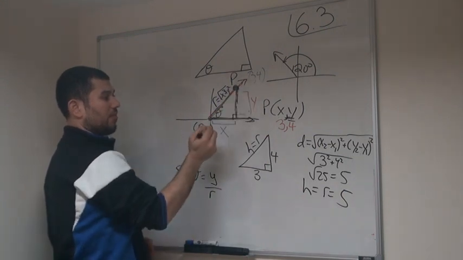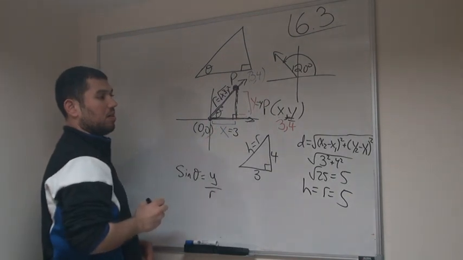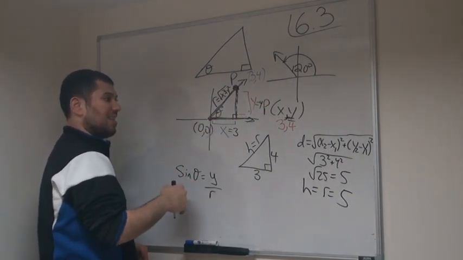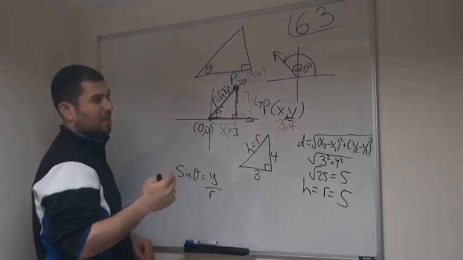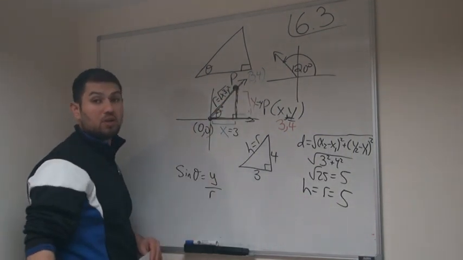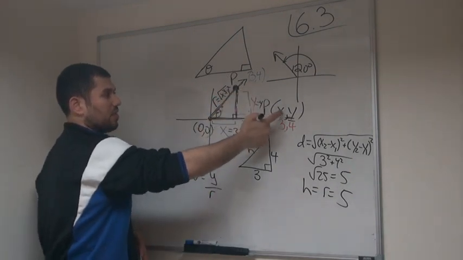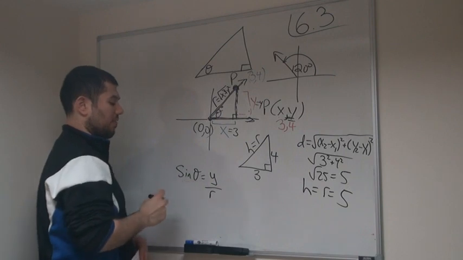If this is 3 comma 4, this part would be 3, this part would be 4. And if I wanted the sine of theta, well, SOH, sine is opposite over hypotenuse, it would be 4 over 5. But that's in my pretty little example with a 3, 4, 5 right triangle, a Pythagorean triplet. If I didn't know what the value was, if I just had x, y, it would be y over r. So that's the sine of theta.